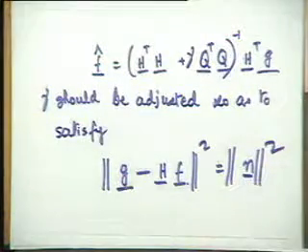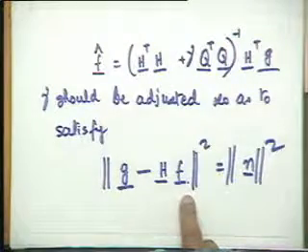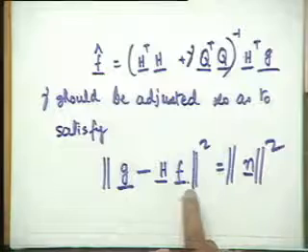So if from the given image we can measure this noise power n square, it should be possible for us to make an adjustment on this F hat so that we fulfill this.